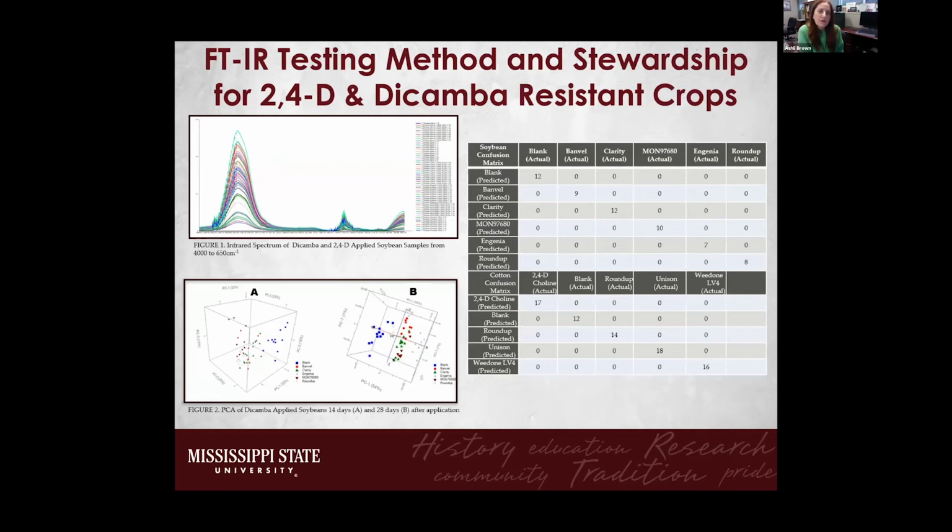So this was sort of the first test that we did. This was sort of ground truthing our project. And so if you look at the first figure, this is actually what the infrared spectra looks like when these auxin herbicides are applied. They don't look very different to the naked eye. So we really have to parse out those very small differences within that.